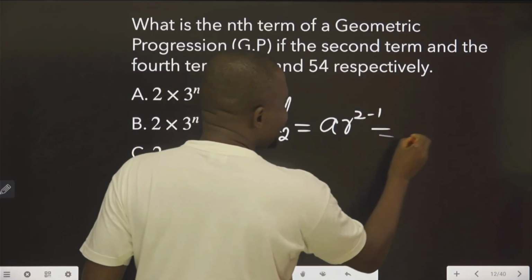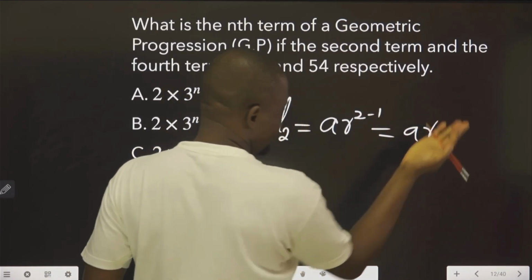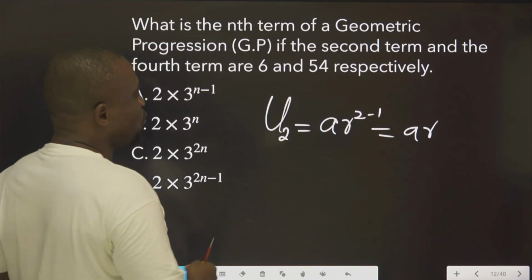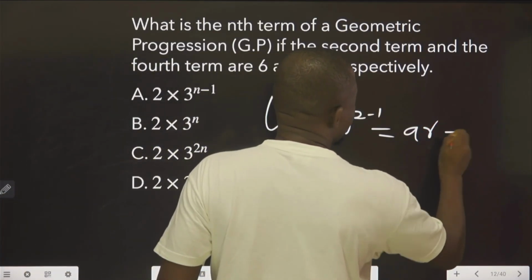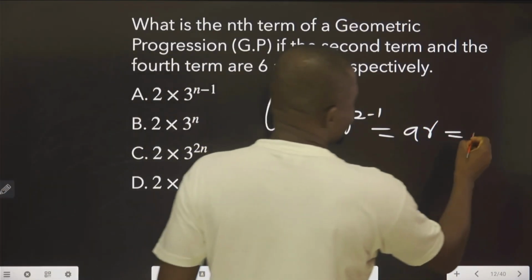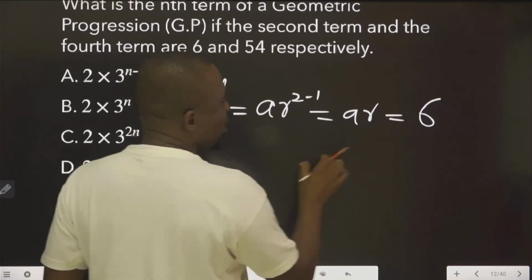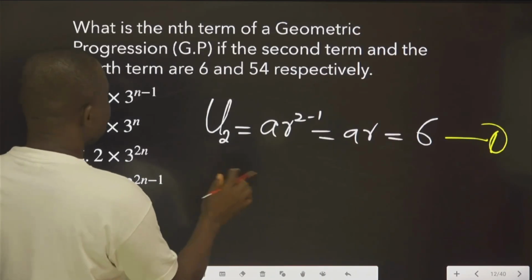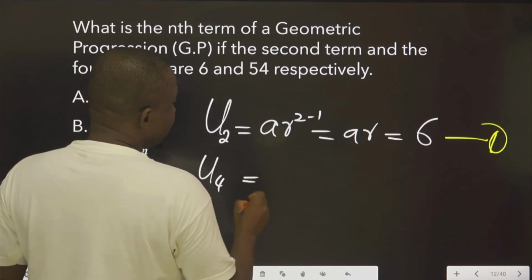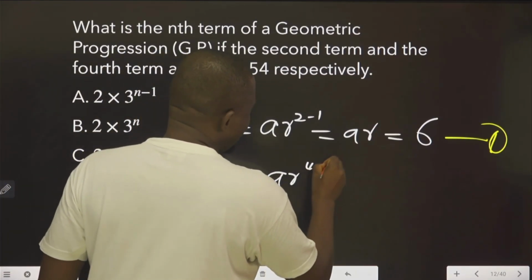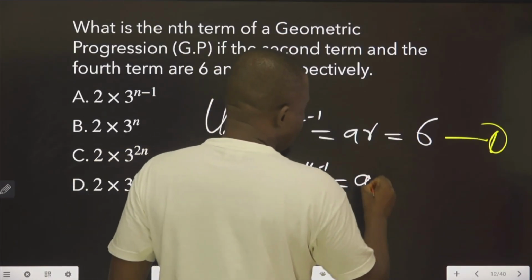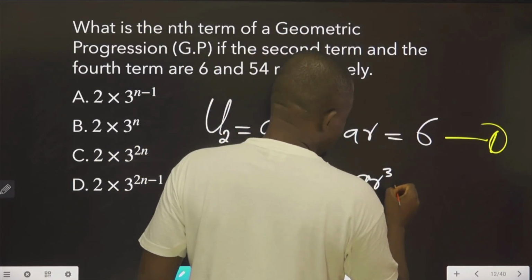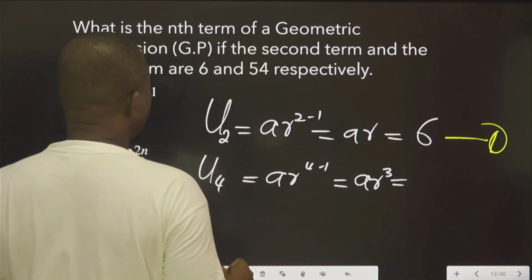It means we're going to have r raised to power 1. That is ar. We're going to call this one as equal to 6. This is our equation 1. The other one says the fourth term is equal to ar^(4-1) equals ar raised to power 3 equals 54.